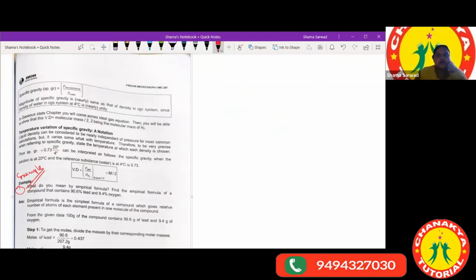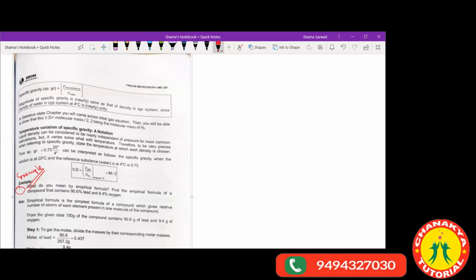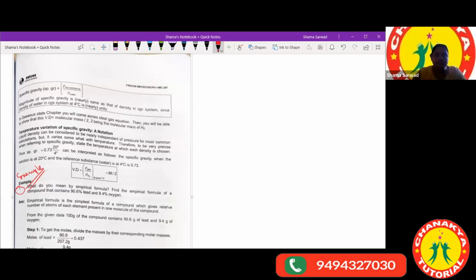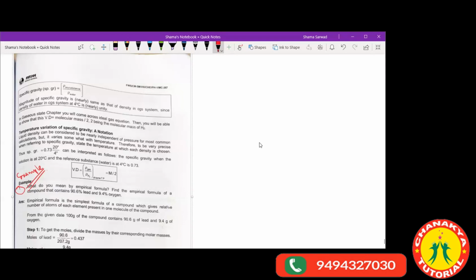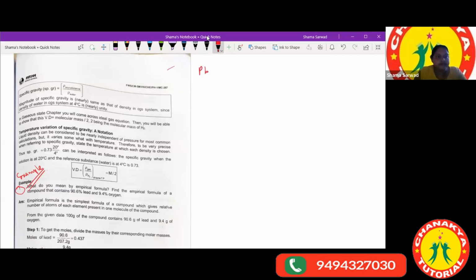So here they have given what? Lead, and 9.4%. So they have given you Pb, correct?